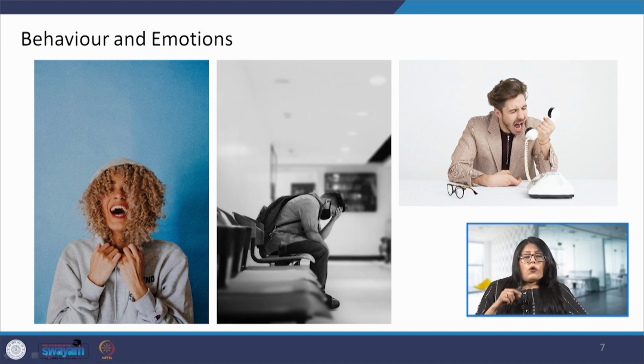So all these areas are of high interest to see how emotions and behaviors can be studied, and how intuitive the interface should be.